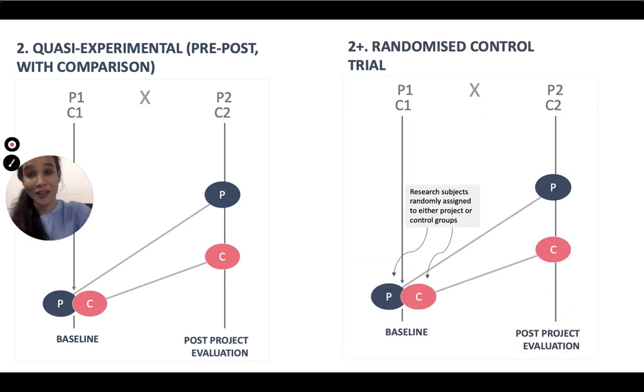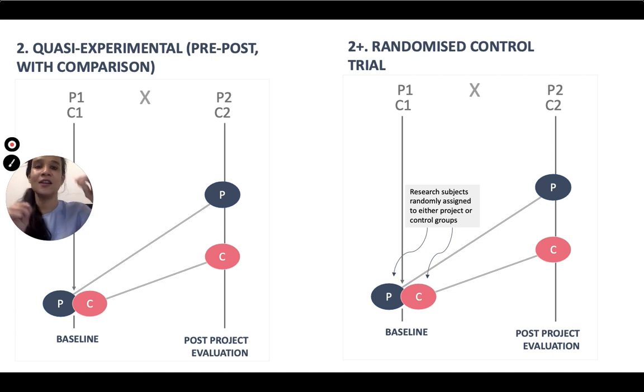We then can look at the very popular design, what is considered the gold standard in evaluation, the randomized control trial. While there's immense literature, one of the key differences with the randomized control trial is that research subjects are randomly assigned. So looking at our example, we take two schools to have a participant and a comparative, but we've not decided who's going to be the comparative and who's going to be the participant.